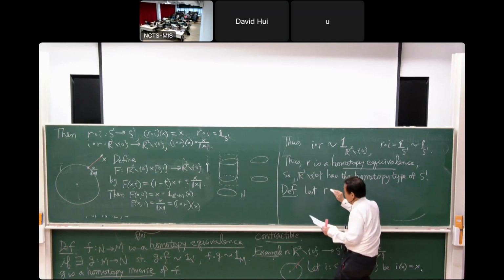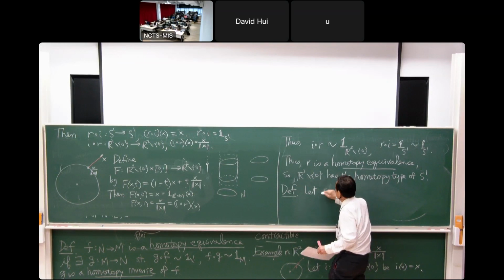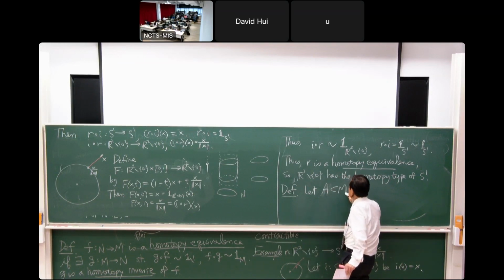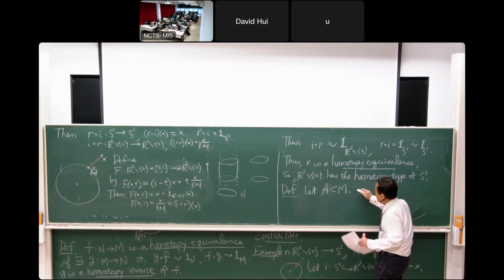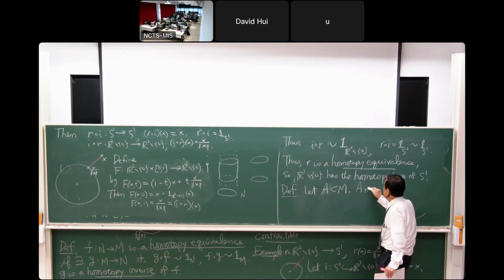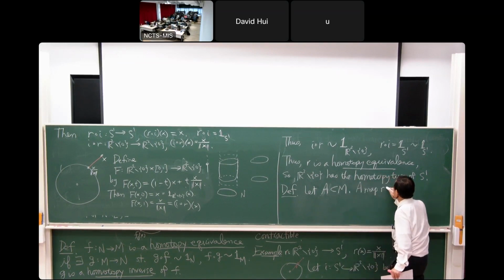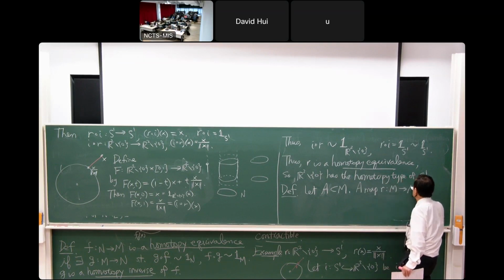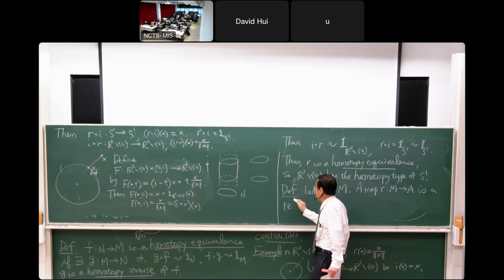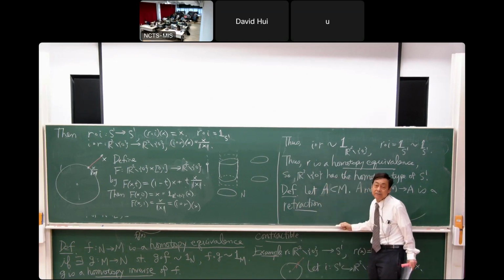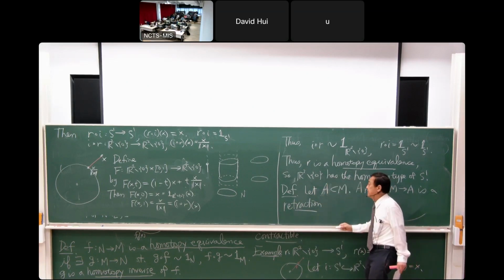So let A be a submanifold of M. Then a map R from M to A is a retraction if it leaves A fixed.